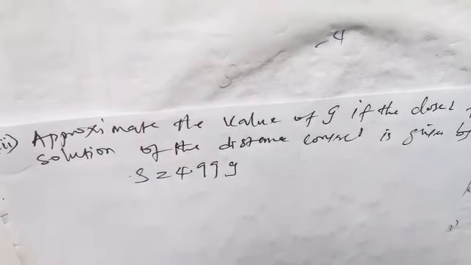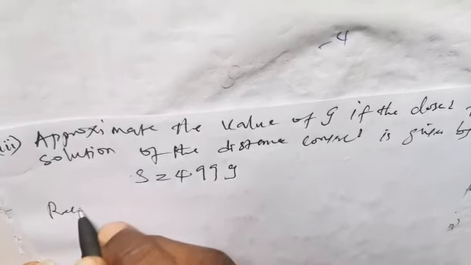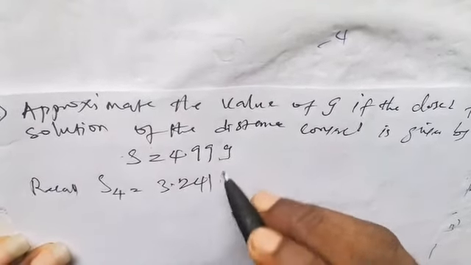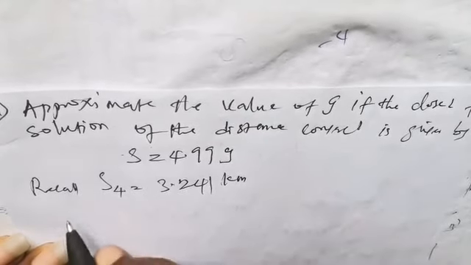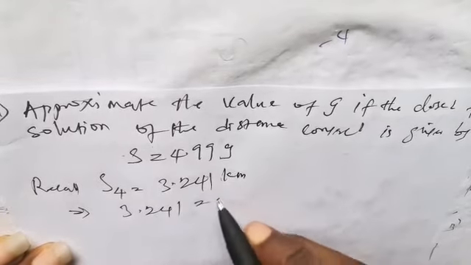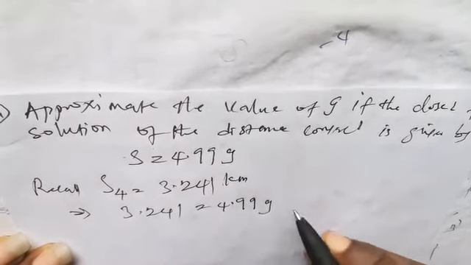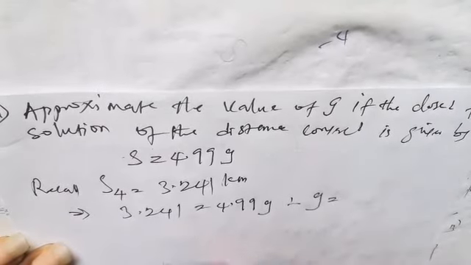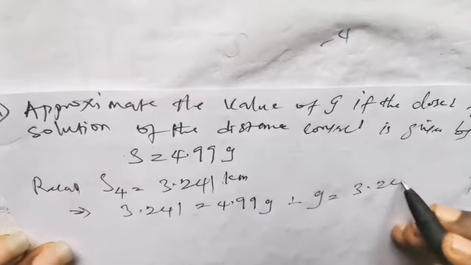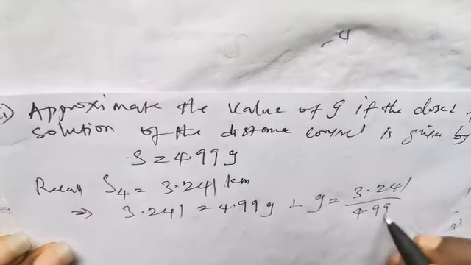We've already gotten x4 to be 3.241 kilometers. So if you substitute here, 3.241 is equal to 4.99 G, and therefore you can make G the subject by dividing through by 4.99. It becomes 3.241 over 4.99.